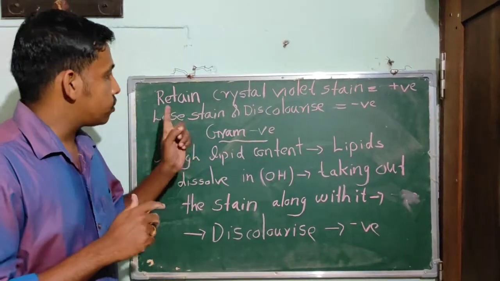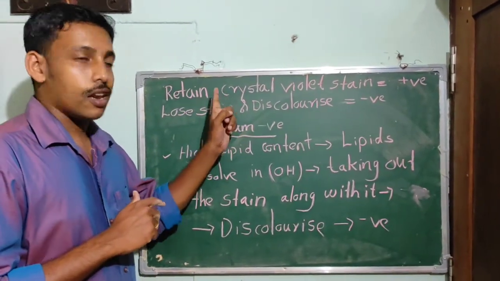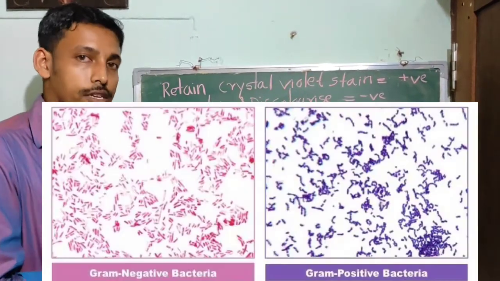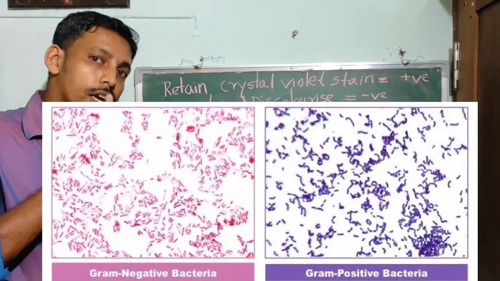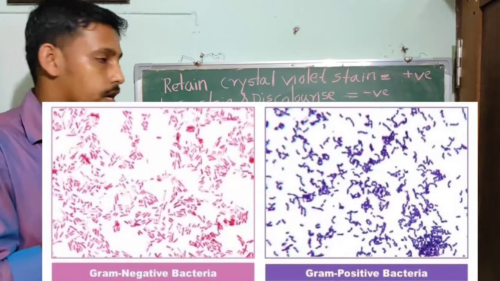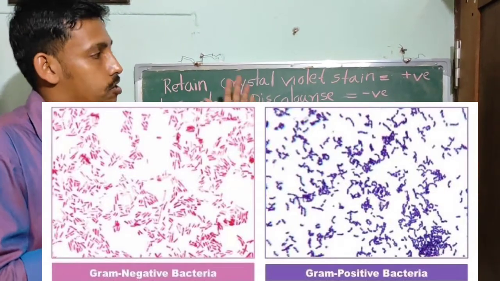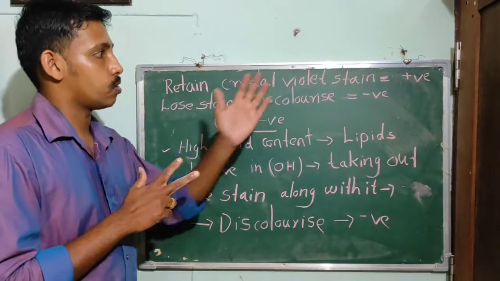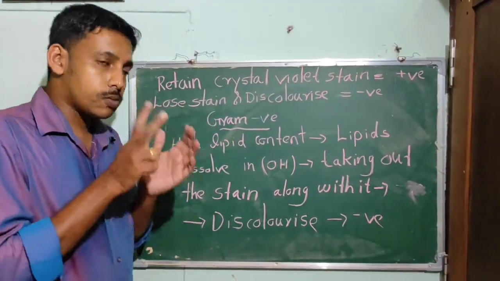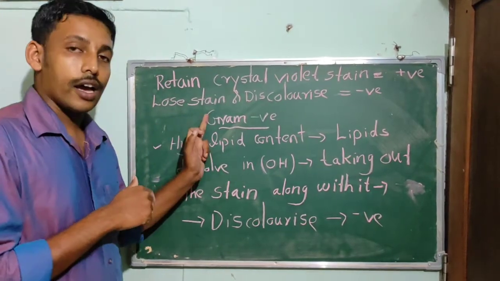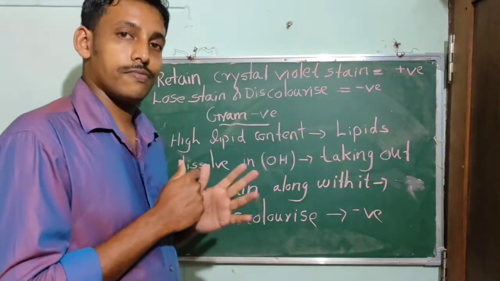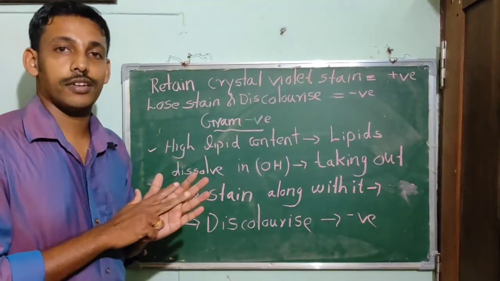Those bacteria which retain their original crystal violet stain are known as gram positive bacteria. And those bacteria which lose the stain and get discolorized are called gram negative bacteria.